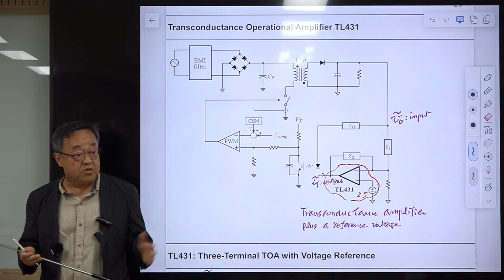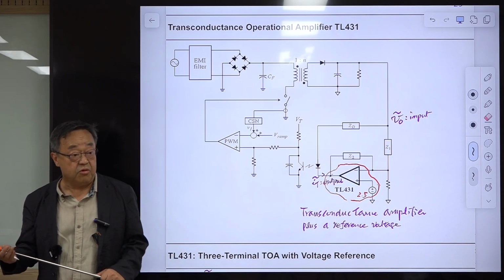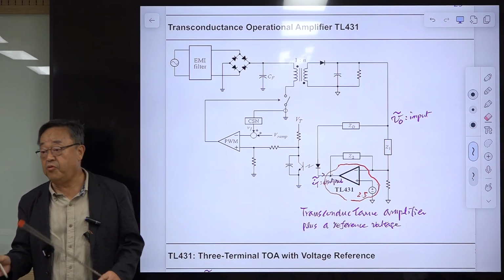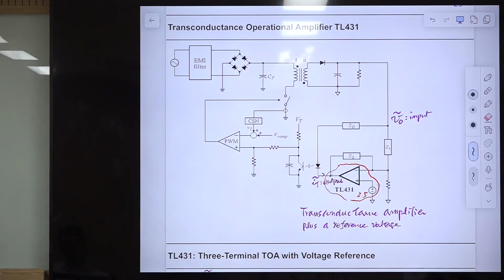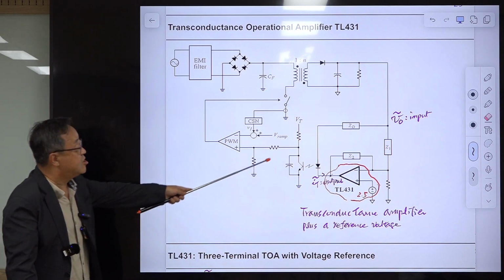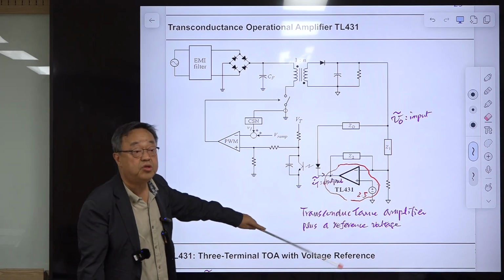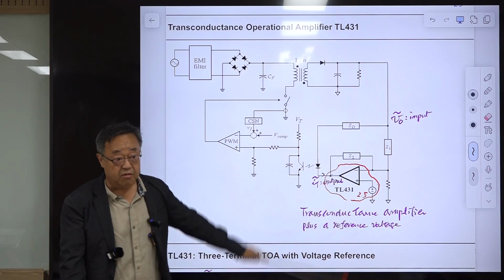I'm just teaching this in my electronics course, so I don't have deep knowledge about this, but I know what the meaning of transconductance amplifier is. One amplifier can be a voltage amplifier or a transconductance amplifier. This is called a transconductance amplifier. For this purpose, it has a special structure suited for this kind of application.